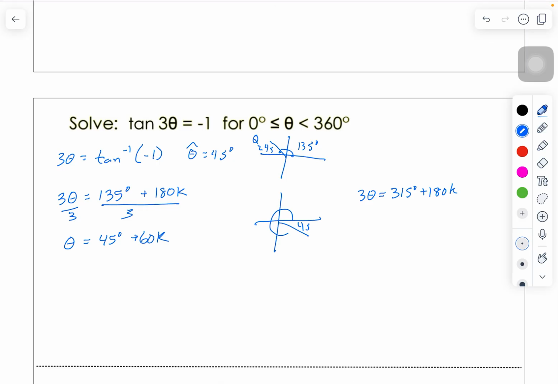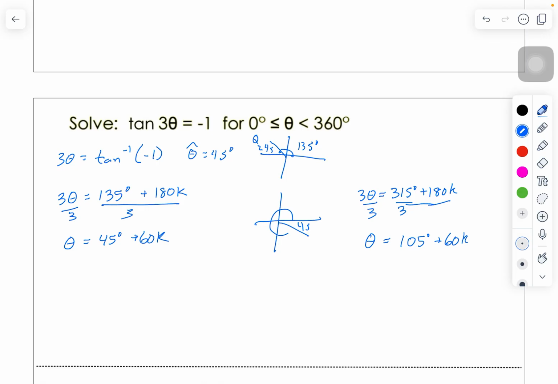And then when I divide out that 315 by 3 and the 180 by 3, I'll get theta is equal to 105 degrees plus 60k. So, yeah, that's kind of what we're doing, just adding another 3 theta.